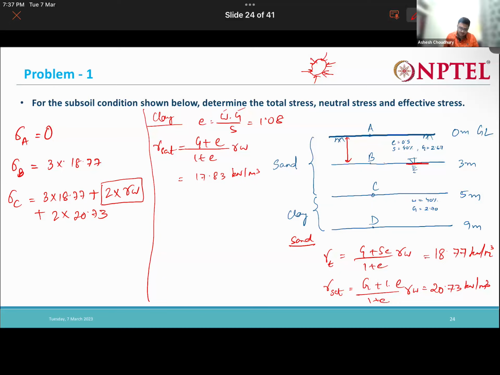Yeah, this term won't come. So what will be my gamma C? Now 3 into 18.77 plus 2 into 20.73. It should be 97.77.